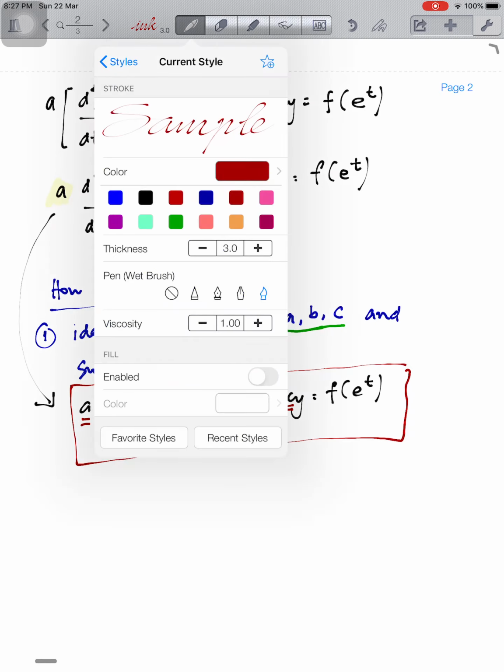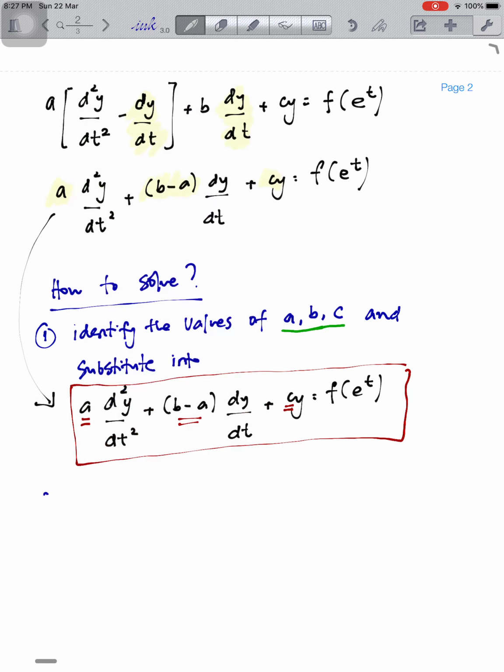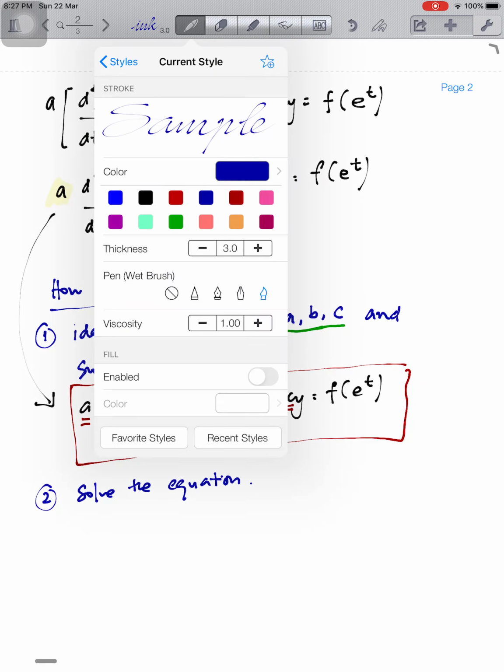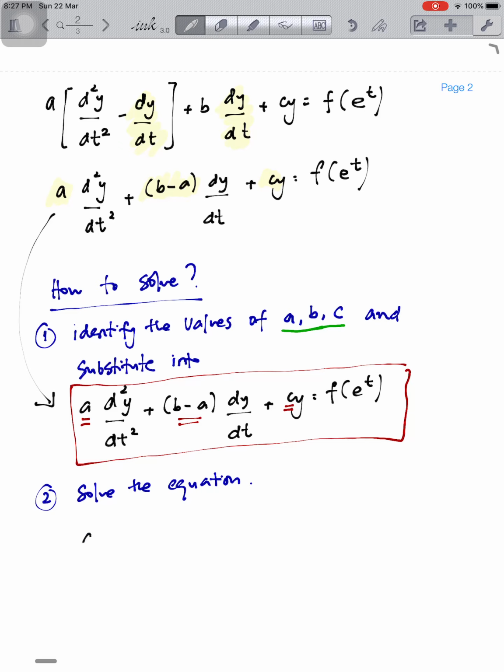Okay, so this has now become an equation with constant coefficients. So then step number 2 is we're going to start solving the equation. Our equation is basically in this form right here: a y double prime plus (b minus a) y prime plus cy, and that is going to equal f of exponential of t.